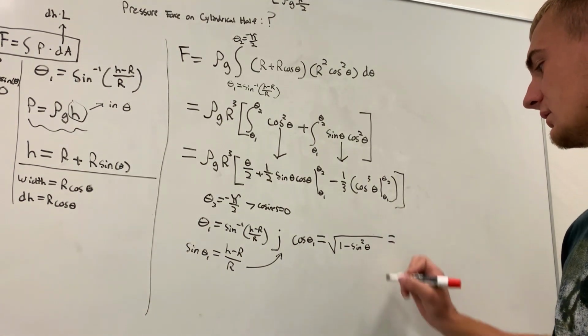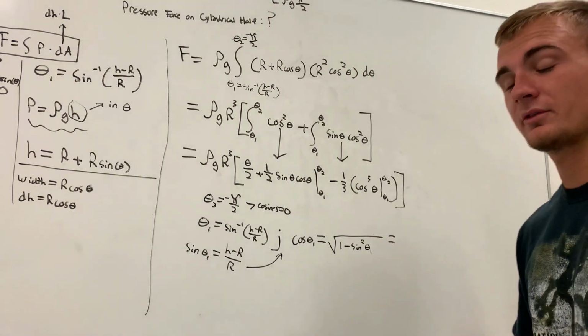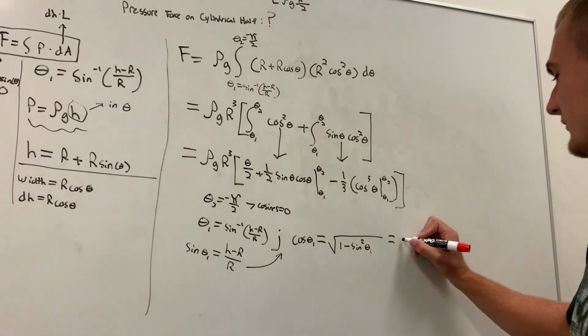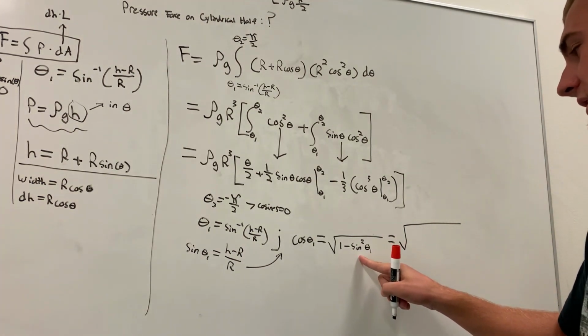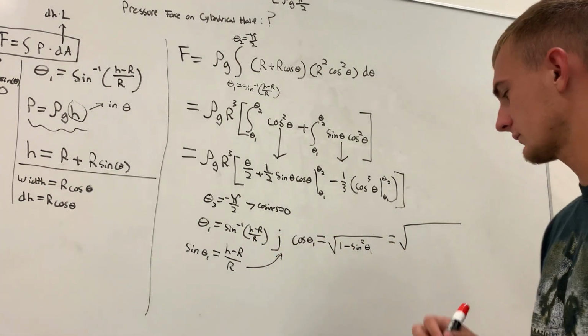Evaluating this further, plugging in our sine theta 1, which is (h minus r) over r.